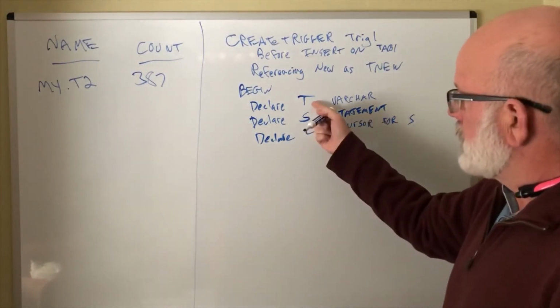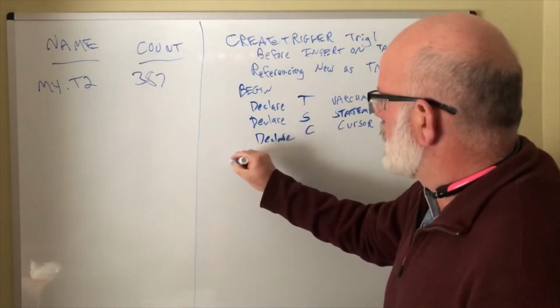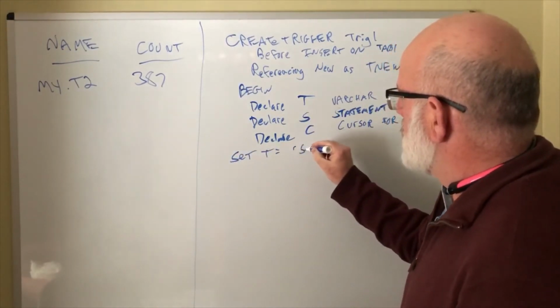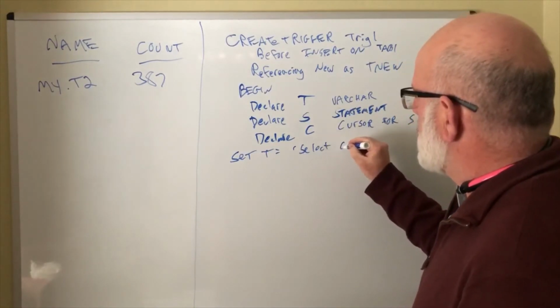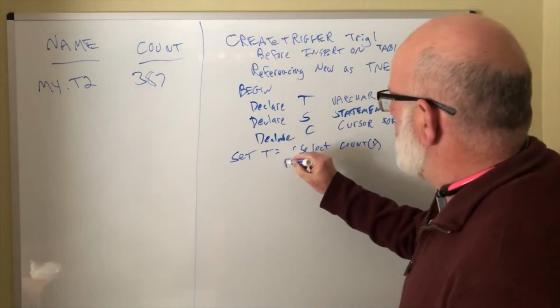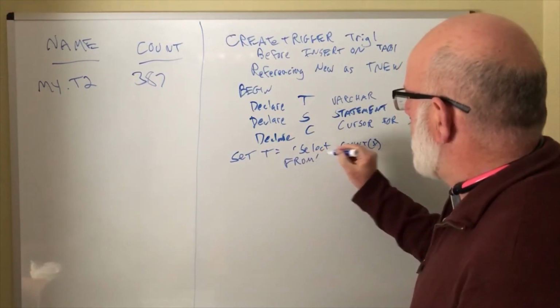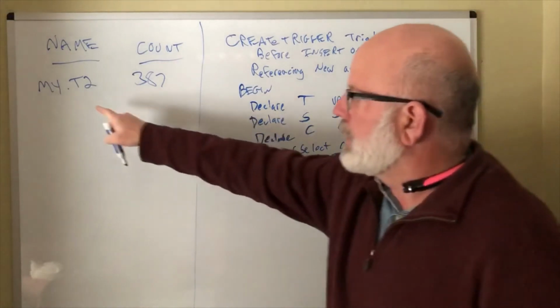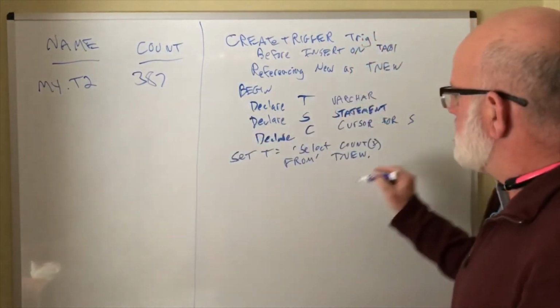First we build the SQL statement. So we're going to say set T equals select count from TNEW dot name from there.